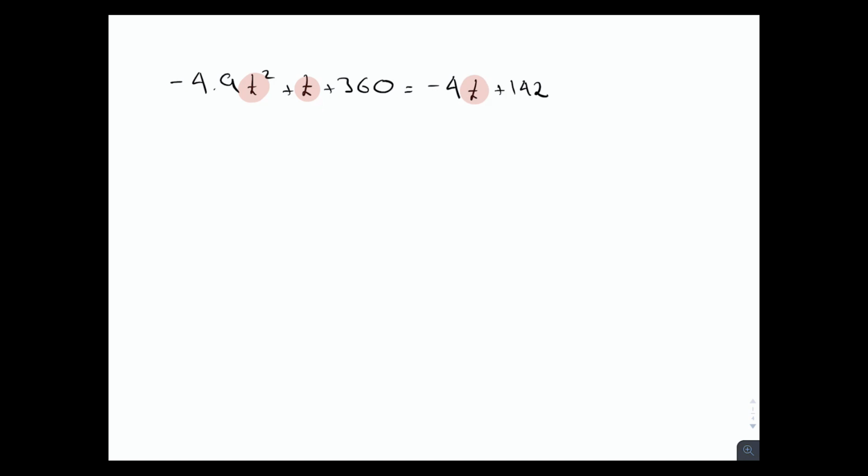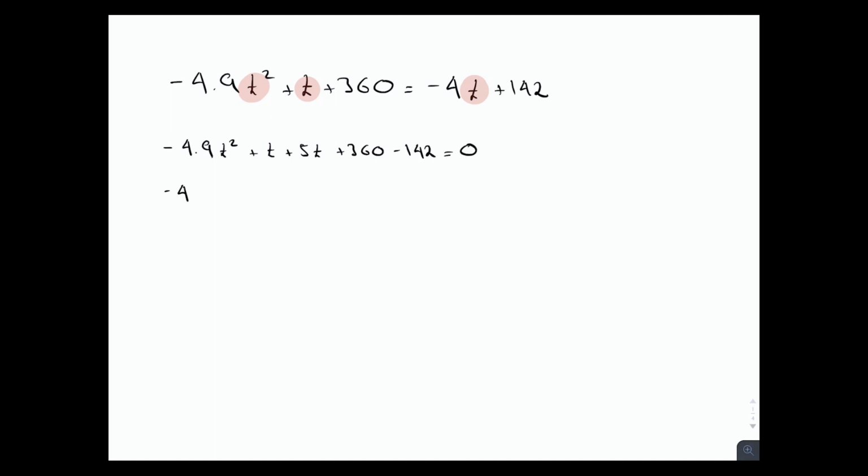In order to answer that, I'm just going to collect my like terms and bring everything to one side, and take a look at what I end up with. I get 360 minus 142, and that equals 0.